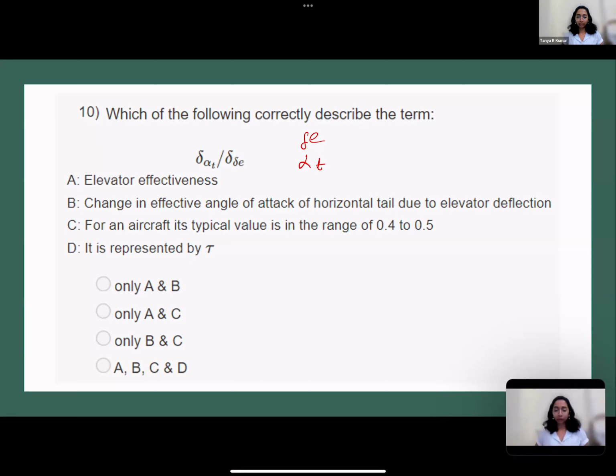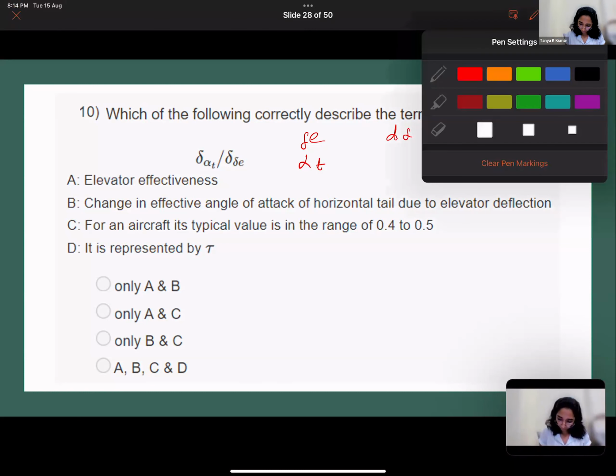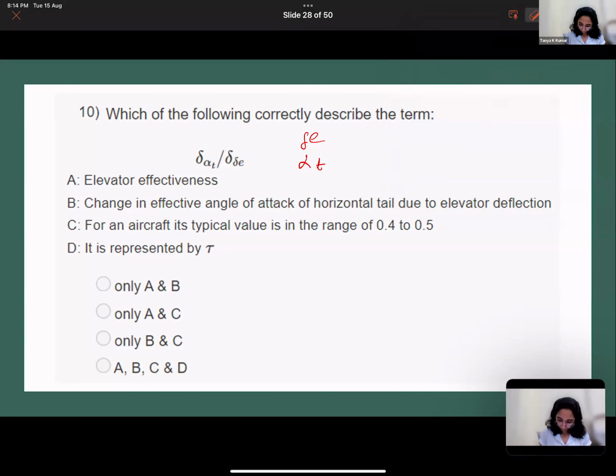Yes. So if I deflect the elevator down, will the angle of attack at tail increase or decrease? If I take d alpha tail by d delta E as positive, if I deflect the elevator down, will it increase or decrease the angle of attack at the tail?